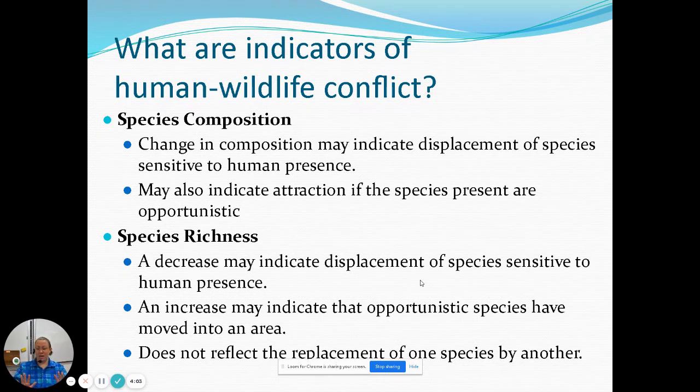So the actual makeup, which is very similar to species richness, is changing in the diversity of that species population, moving towards species that are less sensitive to humans and removing the species that are sensitive. Okay, those urban avoiders tend to be good examples of that. Opportunistic species become more plentiful in species quantity or richness.